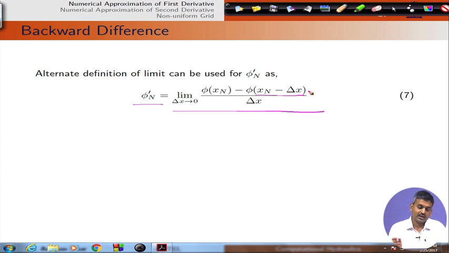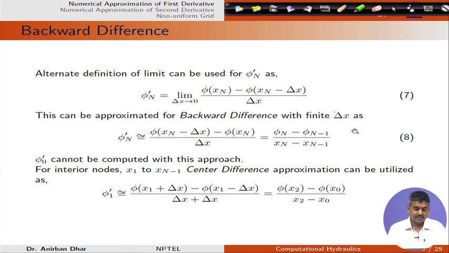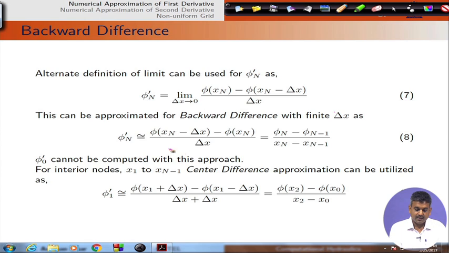So, it is moving in the backward direction. If we approximate this, again for a finite value of delta x, it represents the first order derivative.